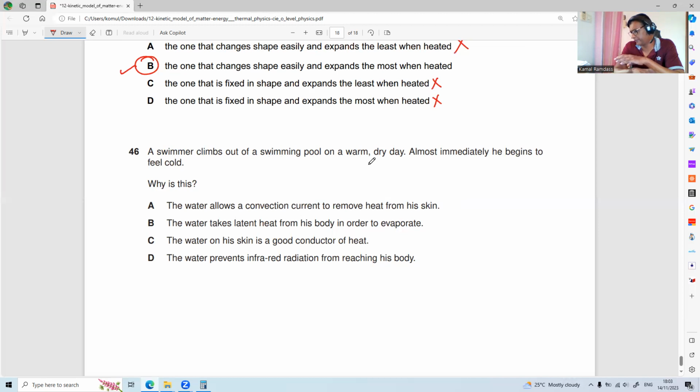And the person will have less internal energy and will feel cold. The water allows a convection current to remove heat from the skin? No. The water takes latent heat from his body in order to evaporate. Yes. The water on his skin is a good conductor? No. The water prevents infrared radiation from reaching the body? No.